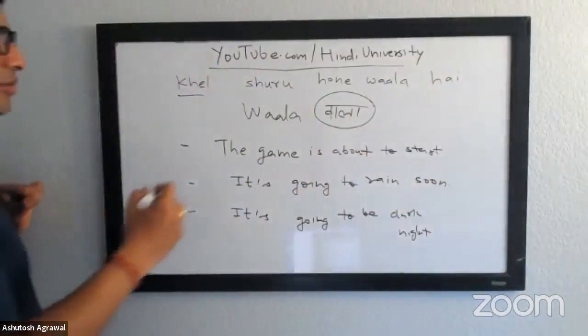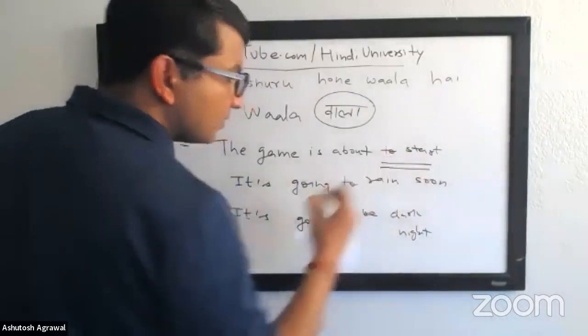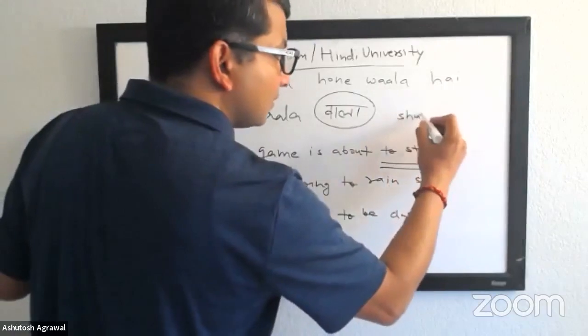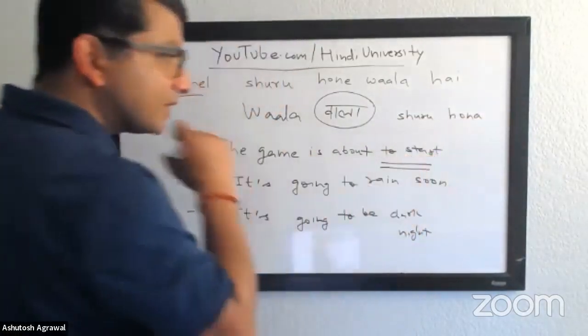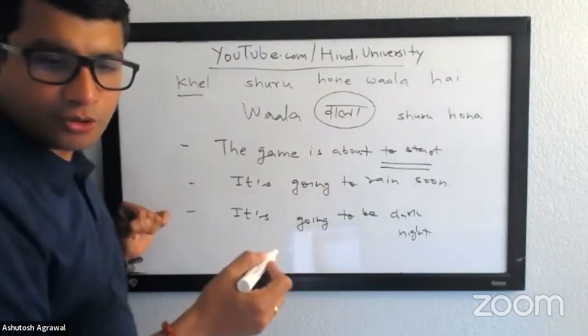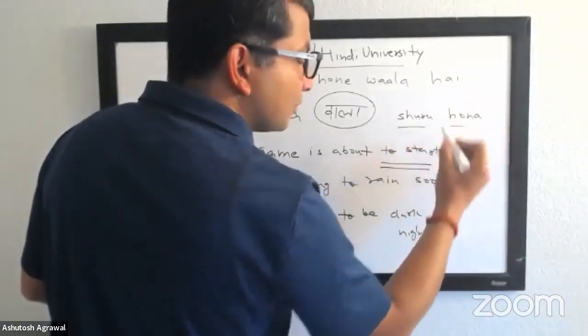What is the verb here? To start is शुरू करना और शुरू होना. That's right, शुरू करना as well as शुरू होना. In this case, because you're talking about the game being about to start, it's shuru hona. That is the verb.